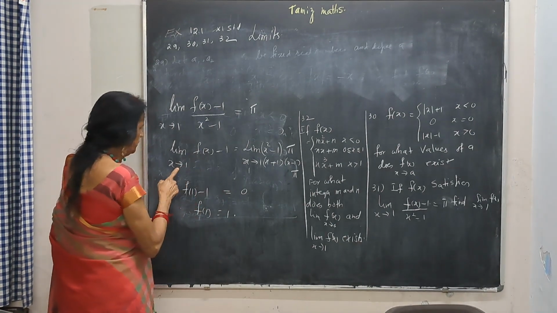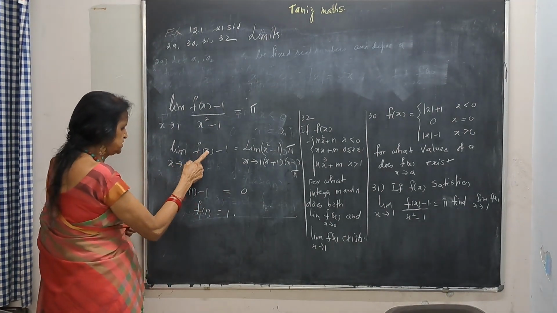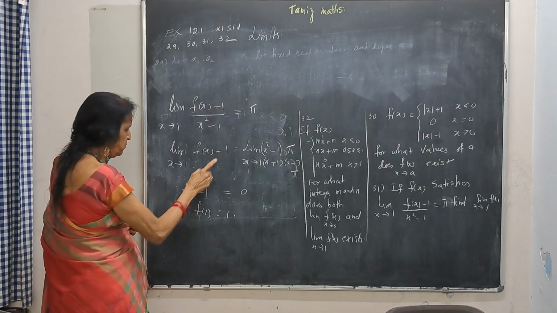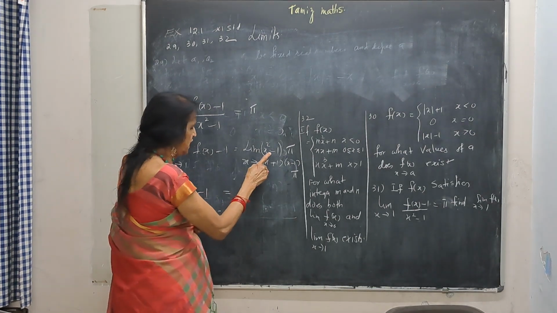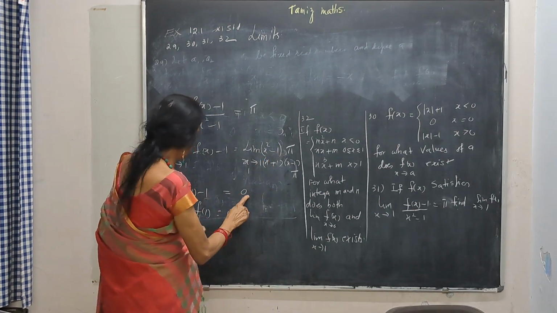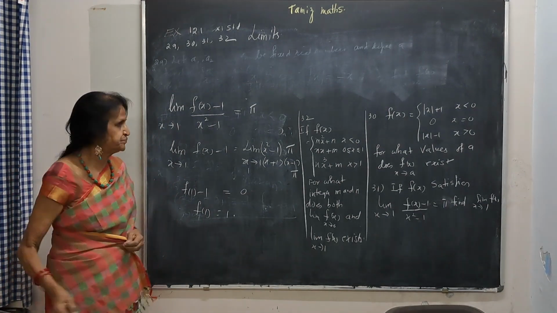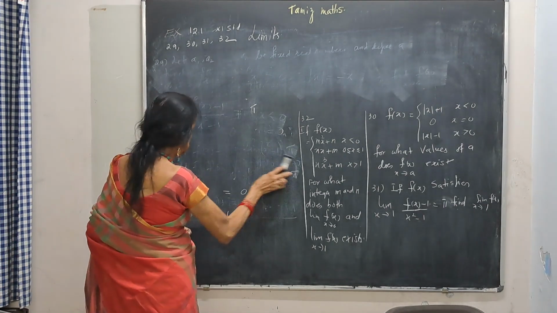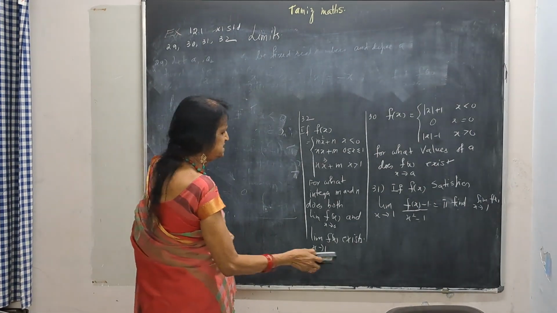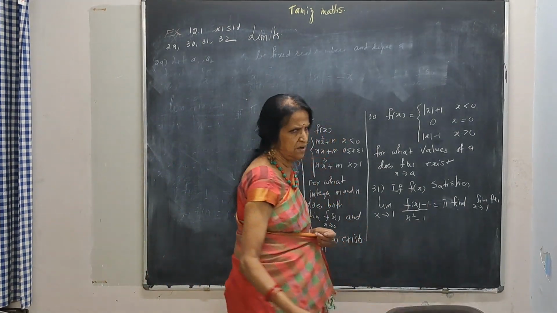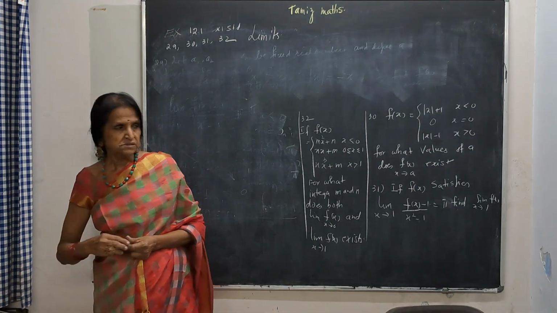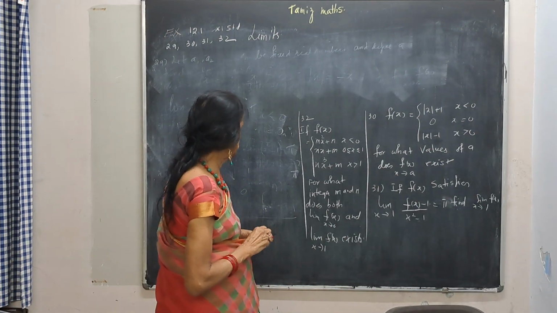Now put 1, when x tends to 1 it is 1. So f(1) minus 1, put 1, 1 minus 1 will become 0. So what will be f(1)? f(1) will be 1. Now we go for the next one. If the number changes here, accordingly we will have. Okay, fine. Now we go for the next one, problem 32.